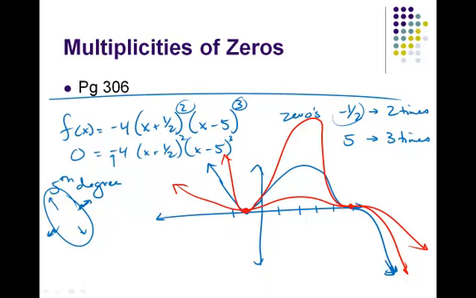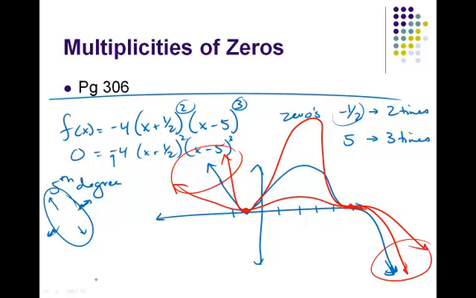At this point it's going to flatten out and then go through, and it's going to be up on the left, down on the right. So when you're asked to do these sketches, they are going to be rough sketches. It's going to be impossible to tell what happens in between the zeros.